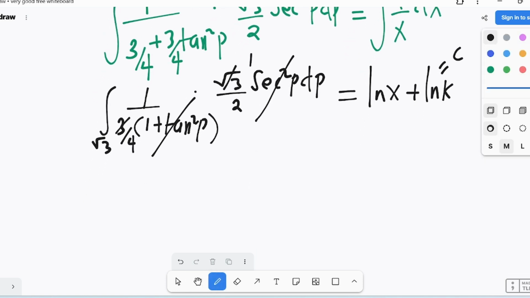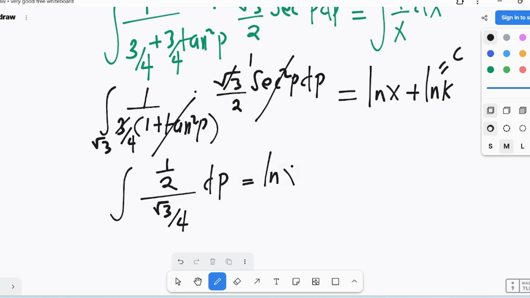So this will remain with 1 out of 2, then out of root 3 out of 4. So dp is actually ln x plus ln k.